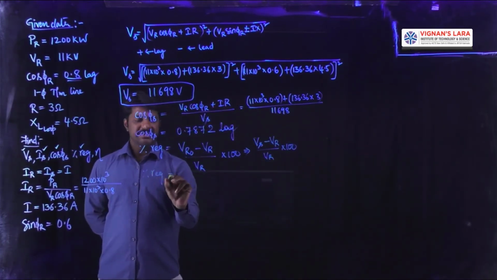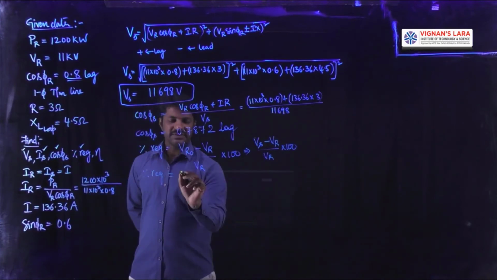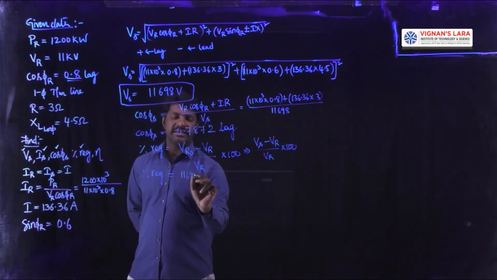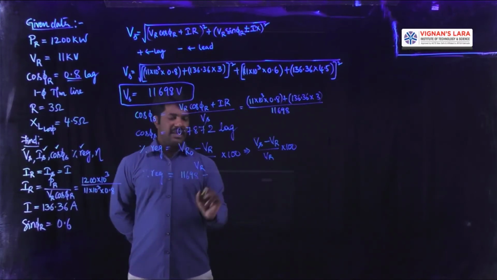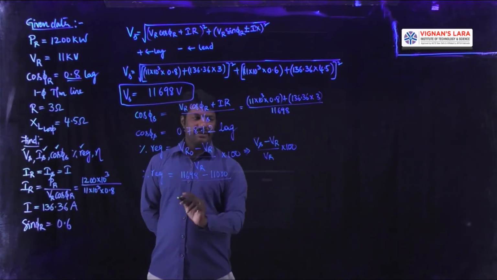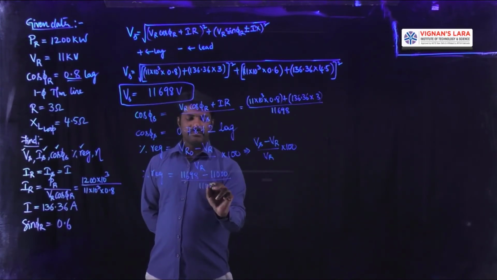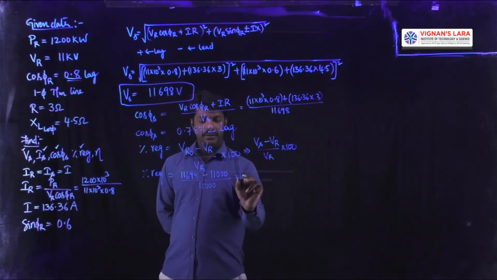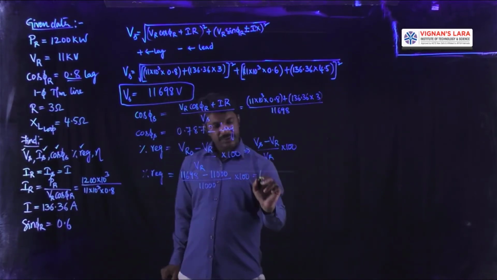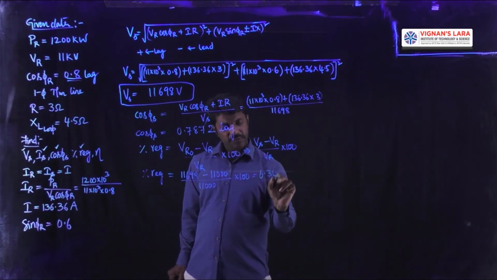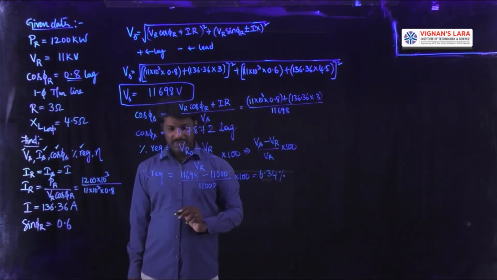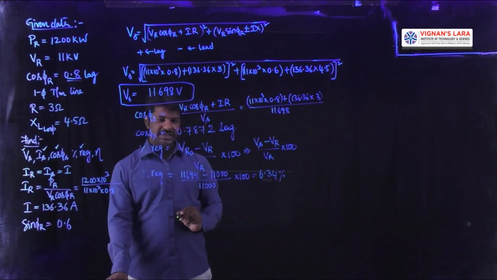Vs value, just now we got it, 11,698 minus VR value, 11,000 volts given there, divided by 11,000 into 100. Calculating in the calculator, you will get the magnitude as 6.34% regulation, a positive value. So like this we will get the regulation of the transmission line.